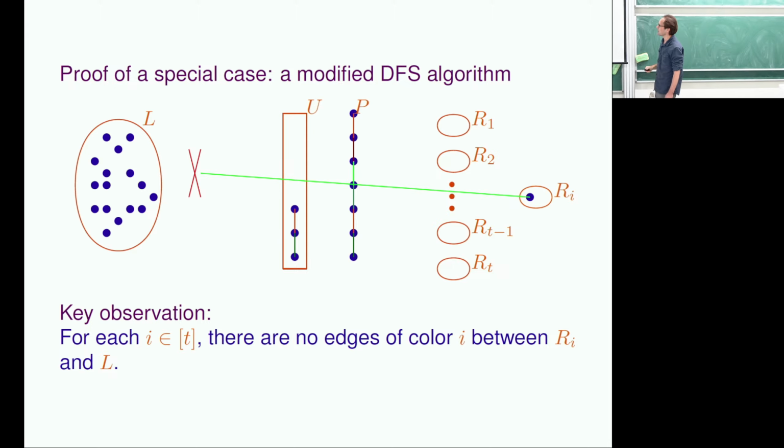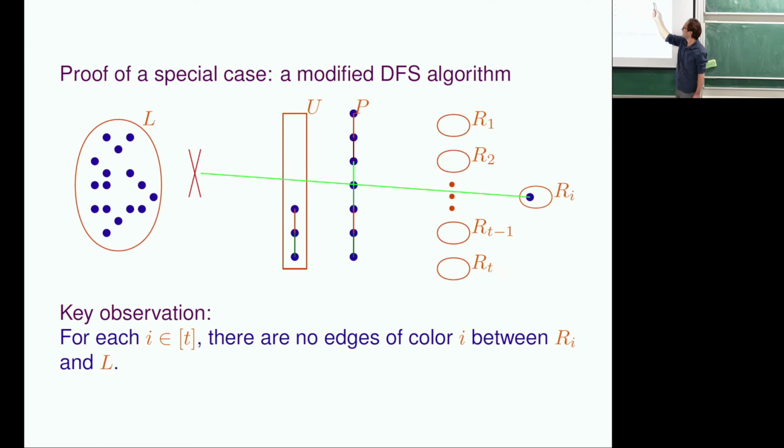And the key observation is this: remember Ri is the set that corresponds to this light green color.